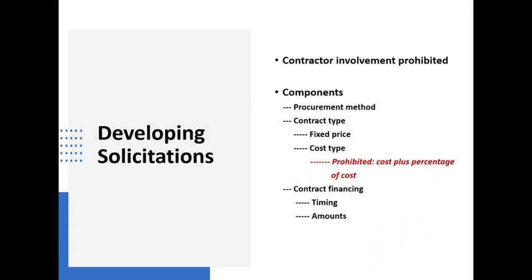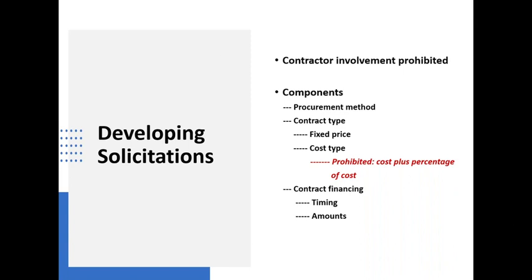In other words, we intend to issue a fixed price contract, or we intend to issue a cost type contract with a fixed fee as profit. Now, this is a place where, again, federal statute rears its head, because you are precluded from engaging in a cost plus percentage of cost contract. And that means a cost plus percentage of construction costs as well.